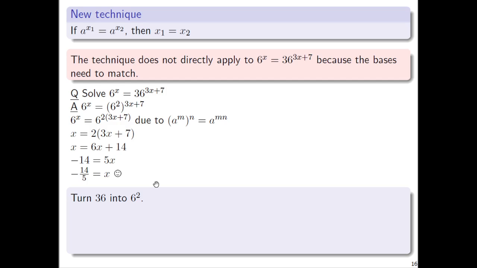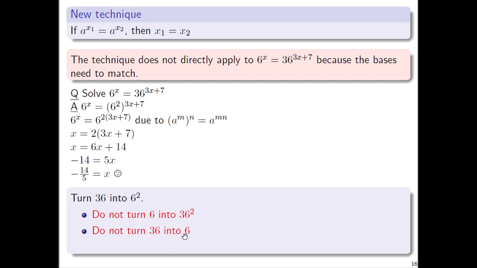Now, you'll notice that what we did was we turned 36 into 6 squared because 36 is 6 squared, right? Sometimes people make errors in this process and they just try to make up anything. So just be careful. Don't turn 6 into 36 squared because 6 is not equal to 36 squared.